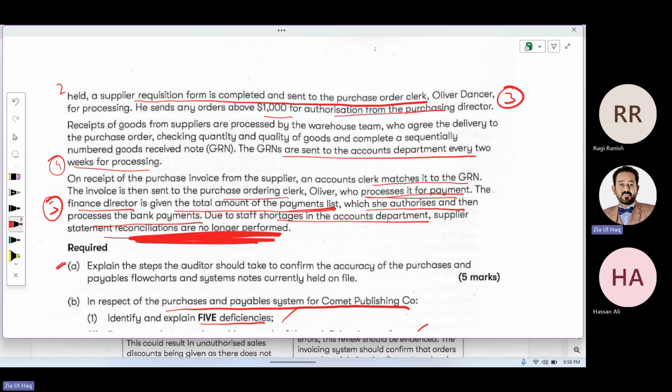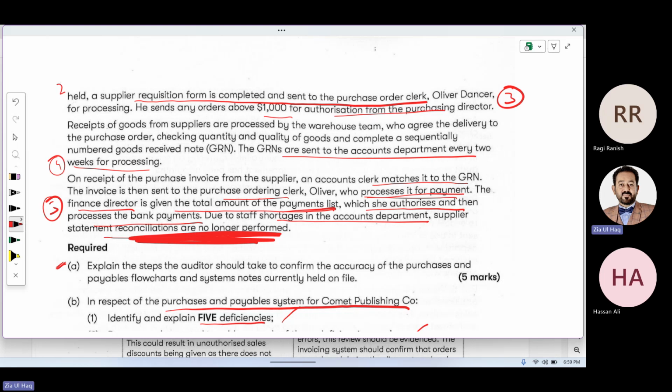Or the supporting document could come for double payment, because the clerk has colluded with the supplier: I will process double payment, and for one payment, half is yours, half will be mine. And normally in industry practice, they do these things, especially the persons who are responsible for purchasing.